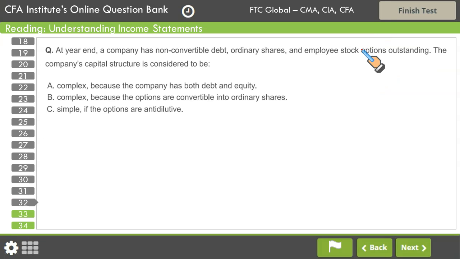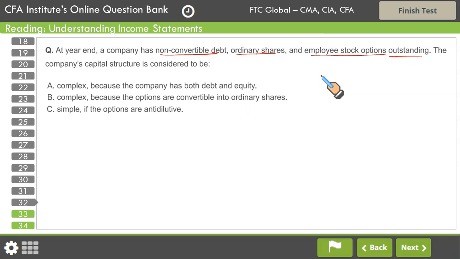Next, at year end, a company has non-convertible debt, ordinary shares, and employee stock options outstanding. The company's capital structure is considered to be, we can't say it's simple.